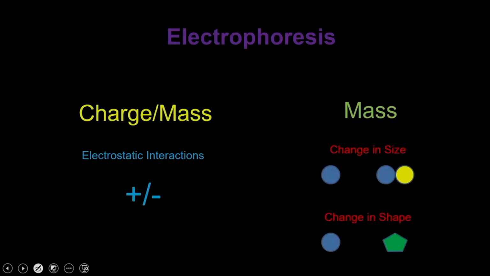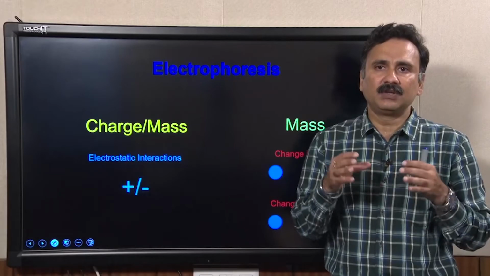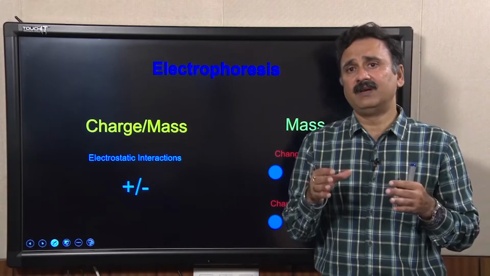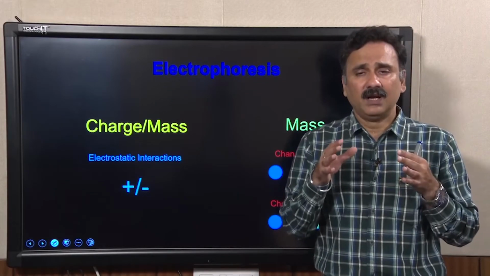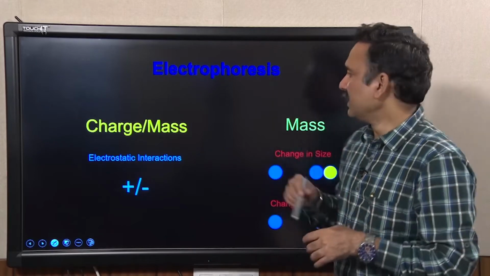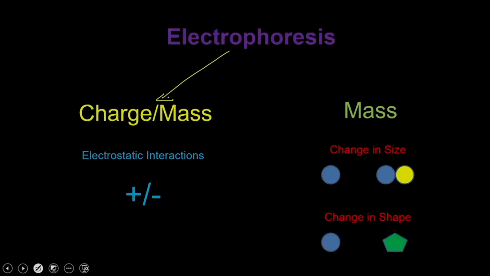When we talk about electrophoresis, one thing is sure: in gel electrophoresis, it utilizes two major properties of a molecule, which means electrophoresis either exploits the charge by mass ratio or it separates the molecules based on their masses.